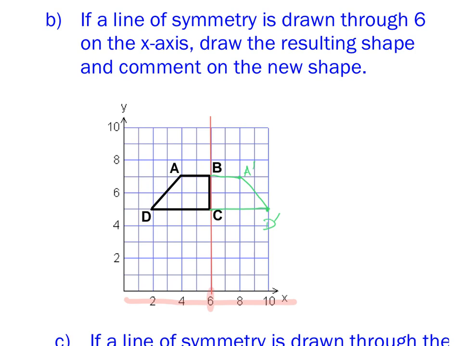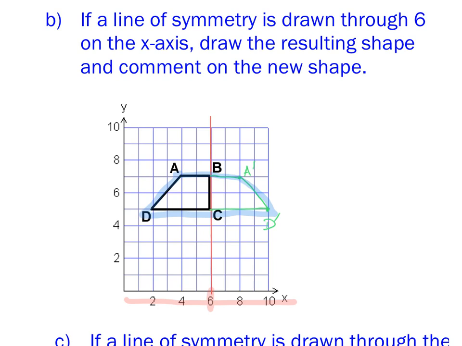So that's what we get when we draw the resulting shape, when we reflect it over that line of reflection. And the overall shape becomes something that looks like this. How many sides does this shape have? 1, 2, 3, 4.